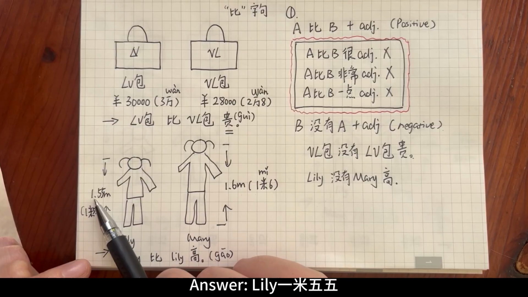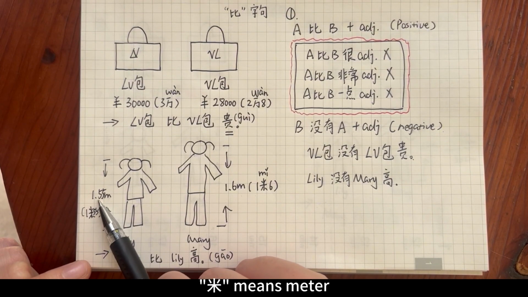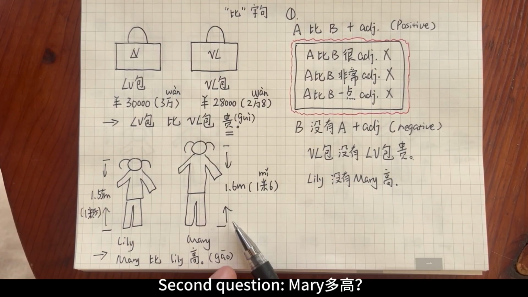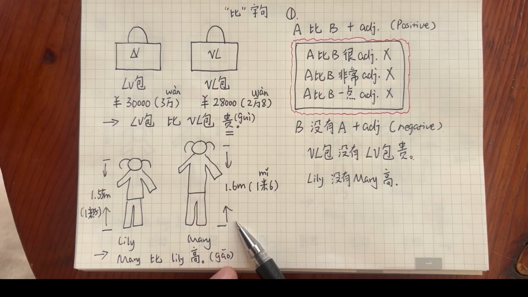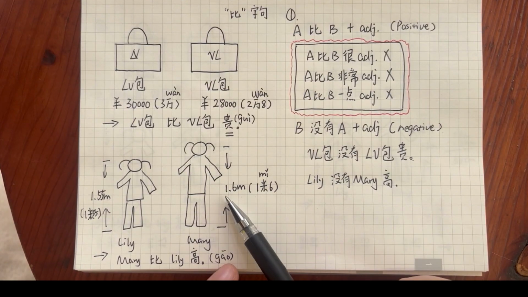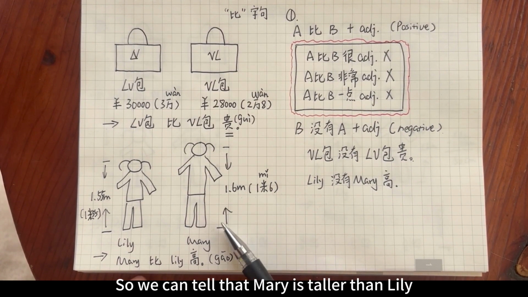Reply, Lily 1米55. 米 means meter. Second question, Mary 多高? How tall is Mary? Mary 1米6. So we can tell that Mary is taller than Lily.